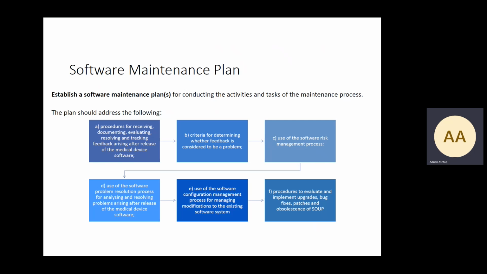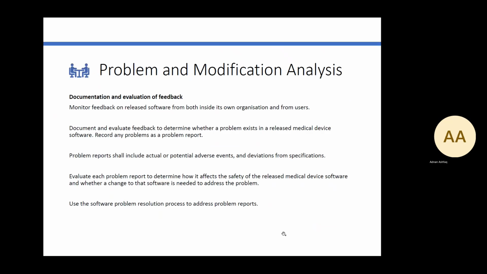Then use of the software problem resolution process for analyzing and resolving problems arising after release of the medical device software. Then we have use of the software configuration management process for managing modification to the existing software system. And then finally, procedures to evaluate and implement upgrades, bug fixes, patches, and obsolescence of SOUP.